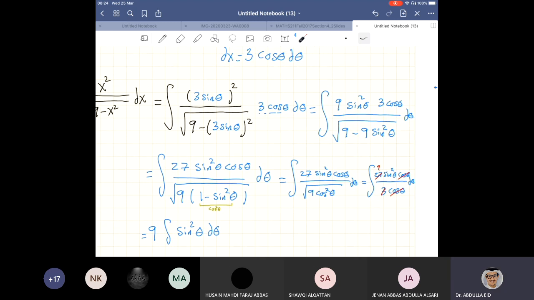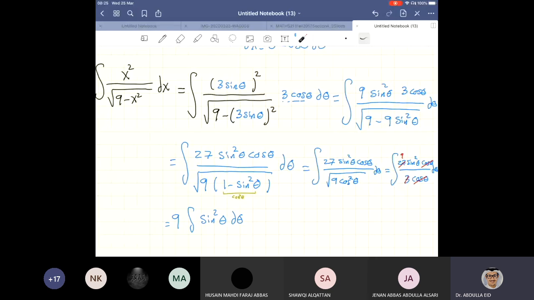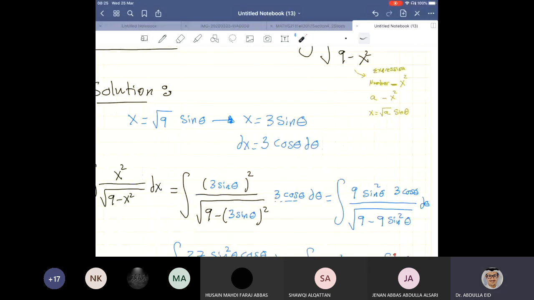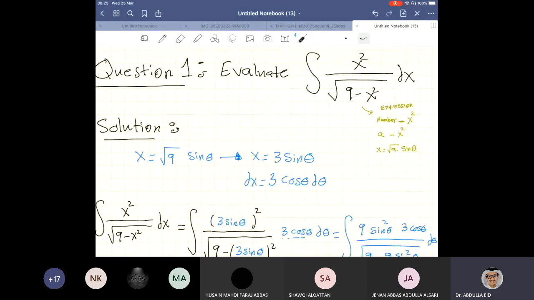Well, I think there is a question by Nu'man. He is wondering, how did we get sine in the first place in the expression? So Nu'man, if you remember, we said if we have a number minus x squared, or a number minus anything squared, the standard procedure, because of this minus, is to use sine theta.